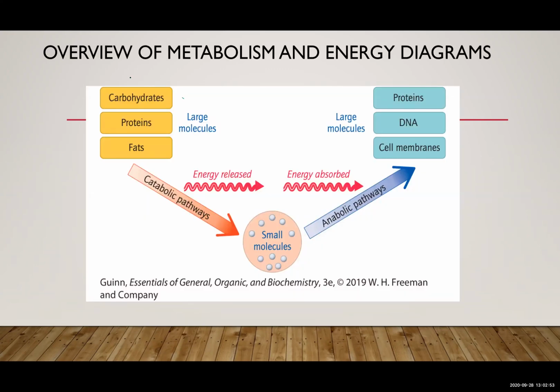So when you eat something, we have carbohydrate, protein, fat, and they break down into smaller molecules. This pathway is called catabolic pathway. It's exothermic, so energy is released. And these small molecules are sometimes also used to repair broken down cells or skin. If you have a cut on your skin, it heals up. How does it heal up?